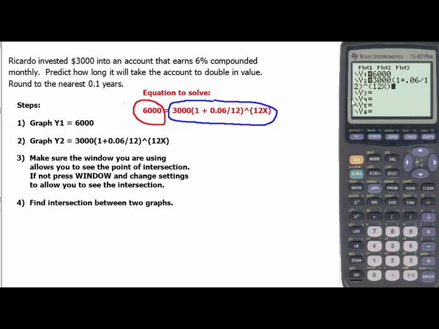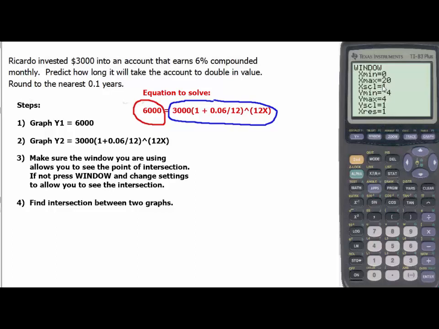Okay, so now we need to graph, but before I actually press graph, if I press graph, I'm probably not going to see anything. So you can see it's trying to graph, it's working, but we're not seeing anything. And the reason for that is because our window is not set to accommodate these equations. So I'm going to press window. So remember, my x value is my years. So I'm going to guess it's going to take somewhere between 0 and say 20 years to double.